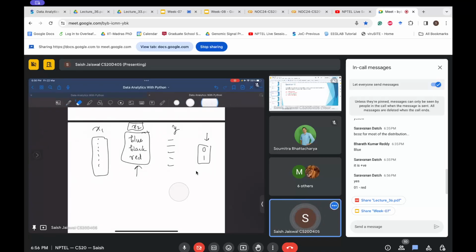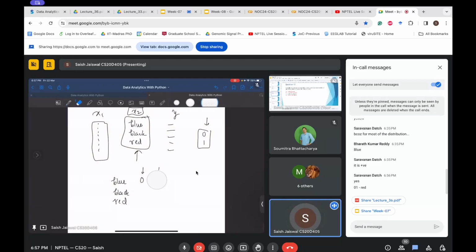So you need two variables in this case. We can use two values over here. Let's say 0 1 represents blue, 1 0 represents black, and the absence of both the variables represents red. So here we had 3 categorical values, and in that case we use 2 dummy variables.